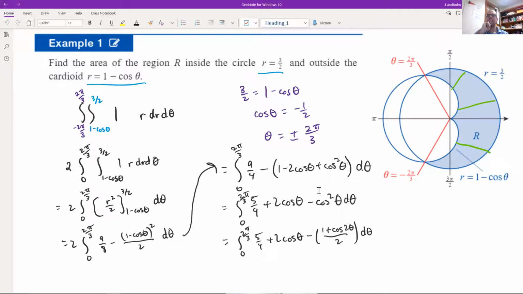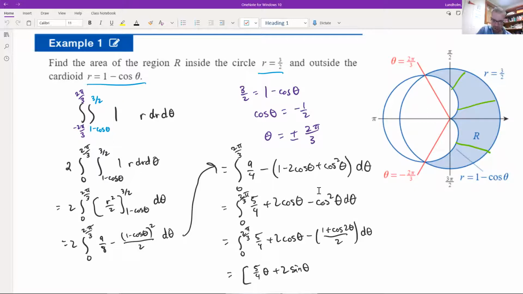But yeah, now we're at the stage where taking the antiderivative should not be too bad. 5/4 theta. Antiderivative of cosine would just be plus 2 sine theta.